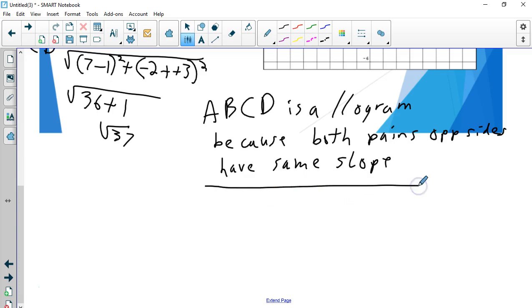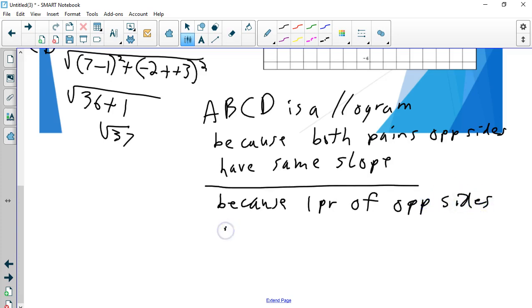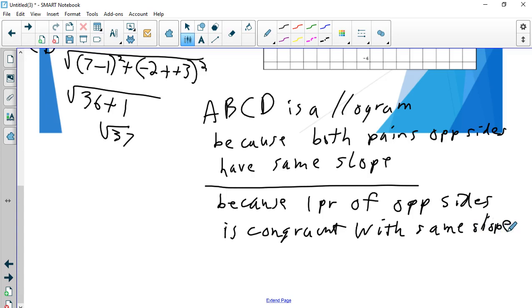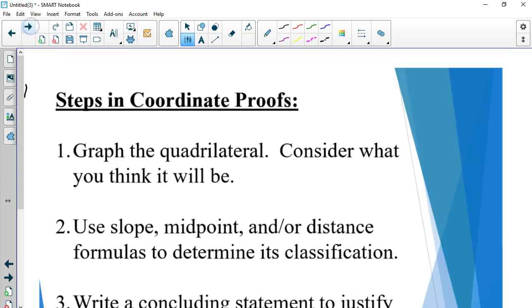Or if you went the other route, you could say because one pair of opposite sides is congruent with the same slope. So, depending on which way you prove it, that would be a concluding statement. And again, you don't have to do more than one way, just showing you some options.